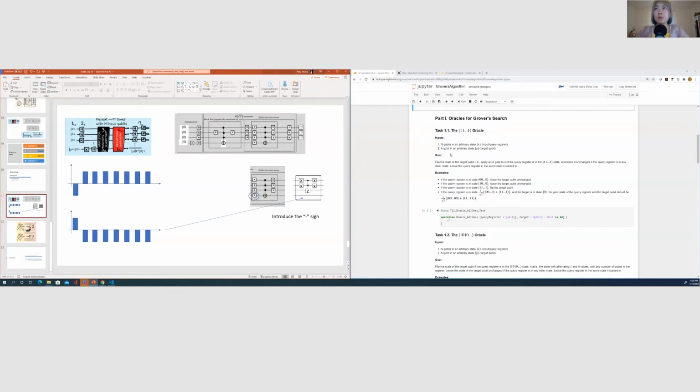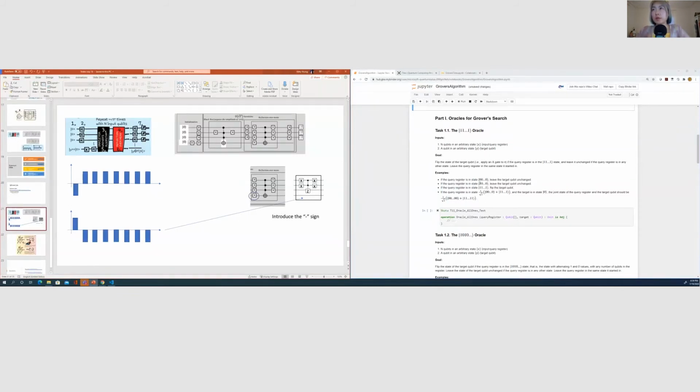And then we have an arbitrary state y, which is our very bottom one. It says, flip the state of the target qubit, apply an X gate to it if the query register is in the all ones state. So this is basically saying that we want to label our all ones state as the one we are looking for.